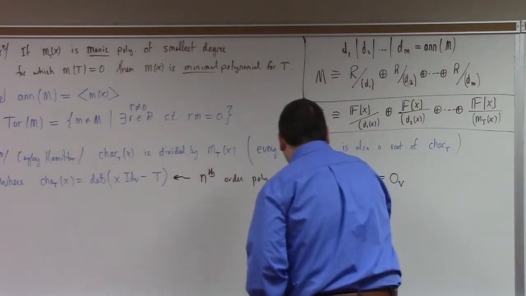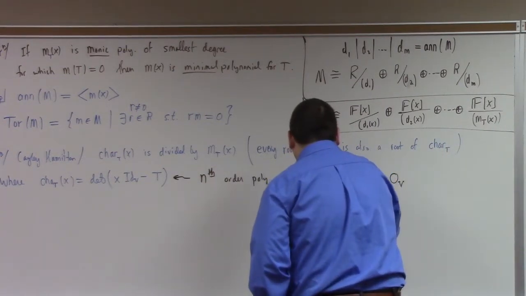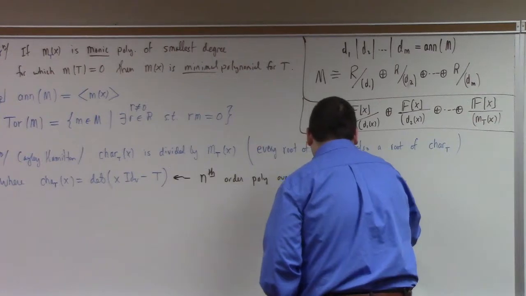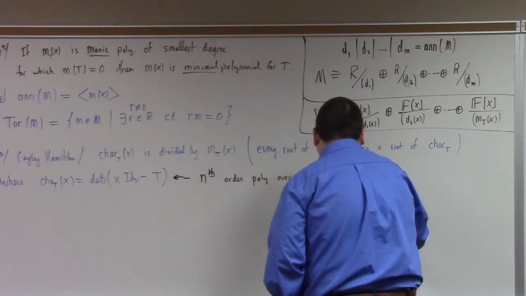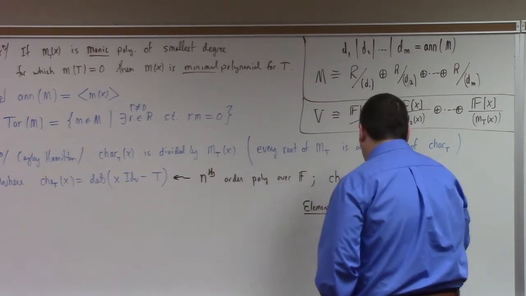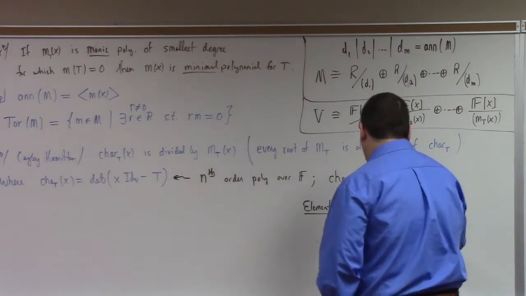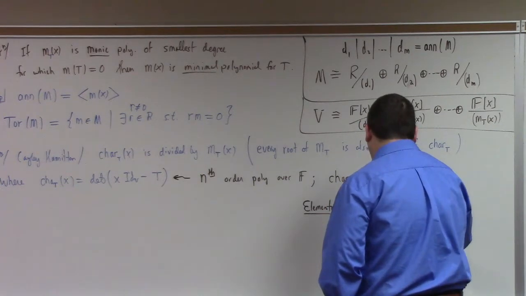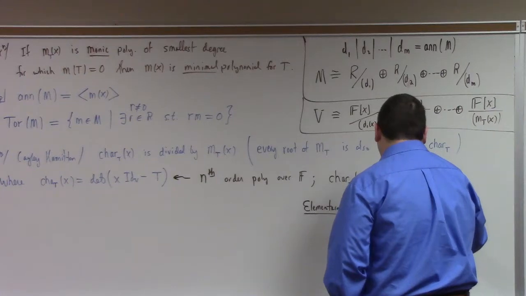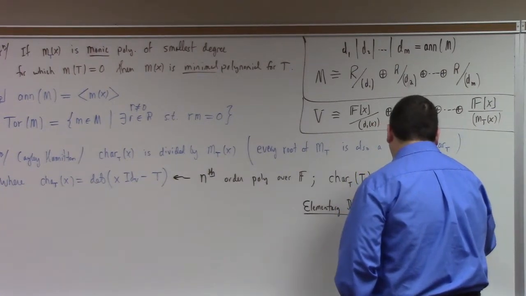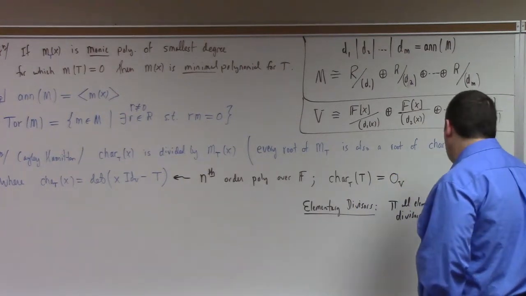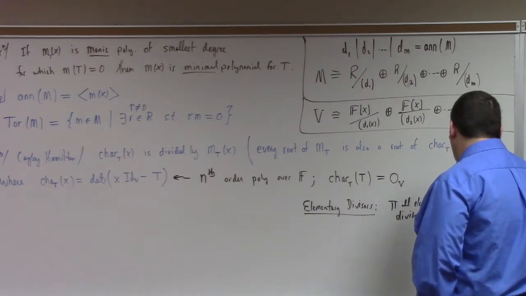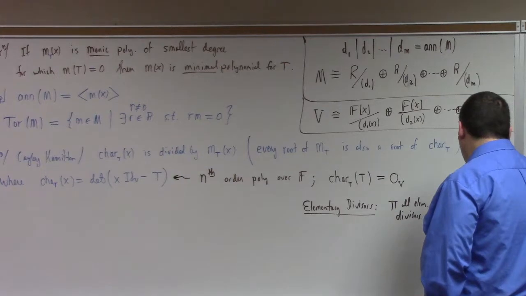So remember, I can tell you this much. Elementary divisors. If we take the product of all those, right? So the product of all elementary divisors, what did we get? It's also equal to the product of the D1, D2, up to DM, right?